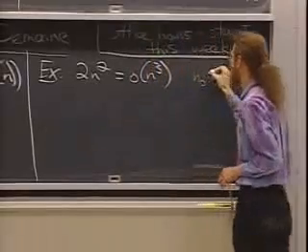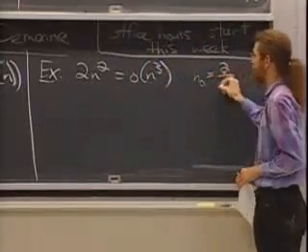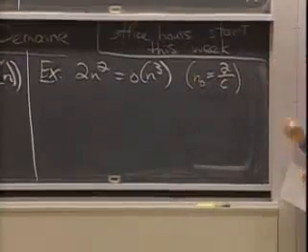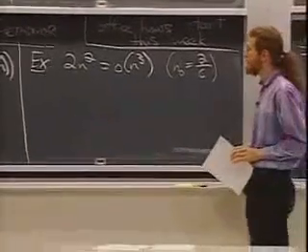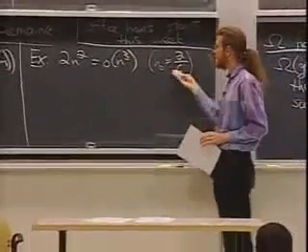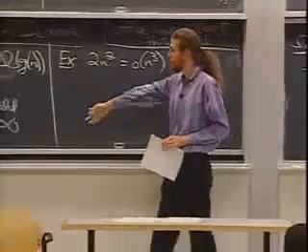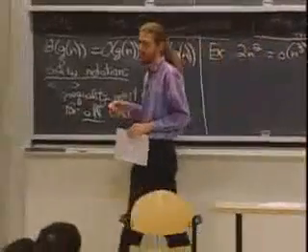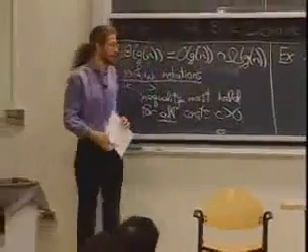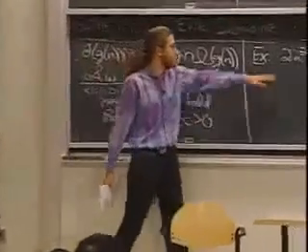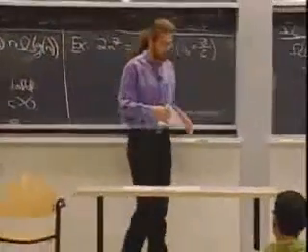I think it's something like 2 over c. That should, if we have less than or equal to, that should be right. So as long as n is at least this big, no matter how small of a c, you should think of c here as being epsilon now in the usual epsilons and deltas. No matter how small c gets, still I can bound n squared in terms of n cubed, upper bound.